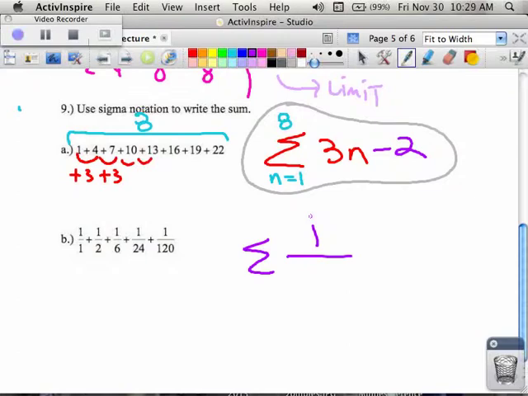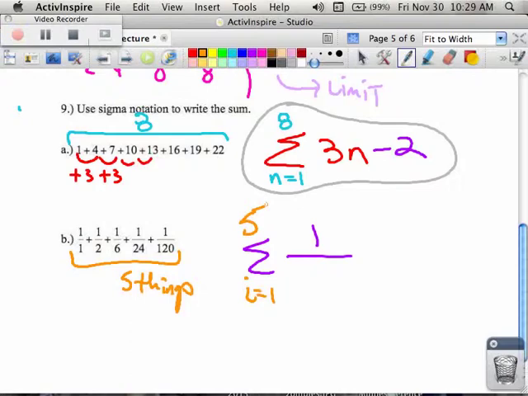Let's just say I want to use the letter I this time. What number do you want to start with? 1, okay. So then, if I want to start with 1 and there are 5 things, what should the top number be? A 5.